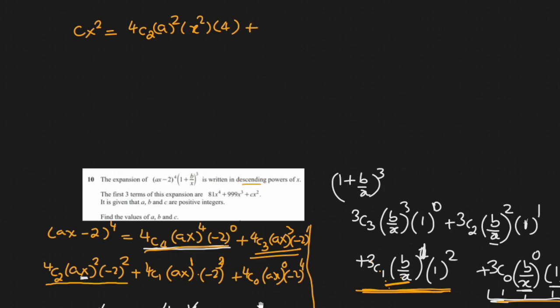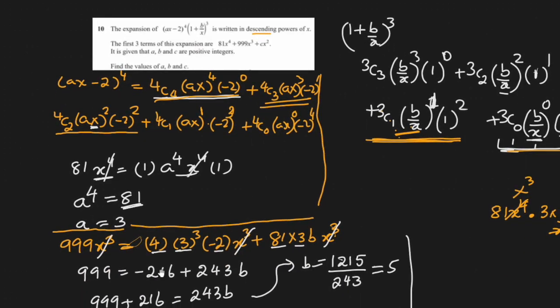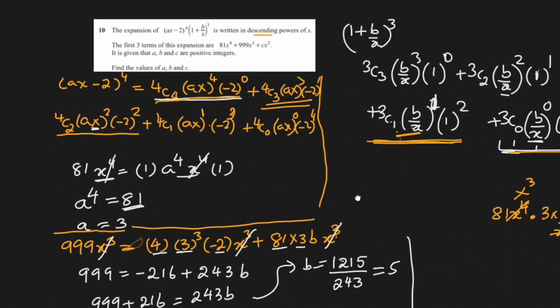Let me use straight away what I got here. The x cube we got was this one, right? This one, which was minus 216 x cube.